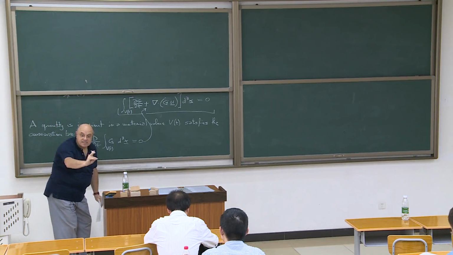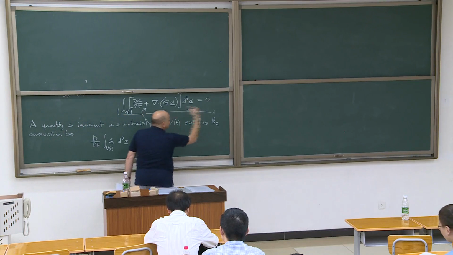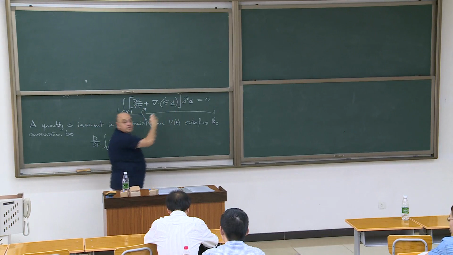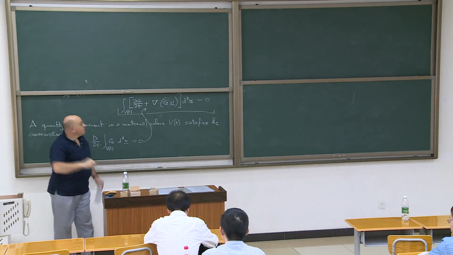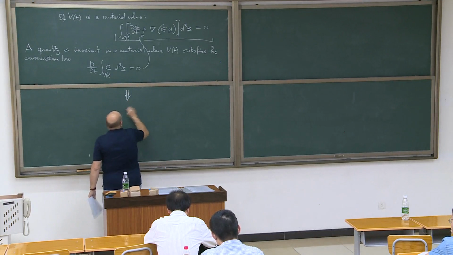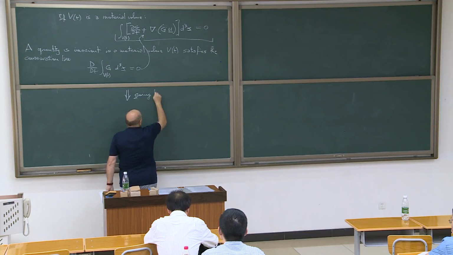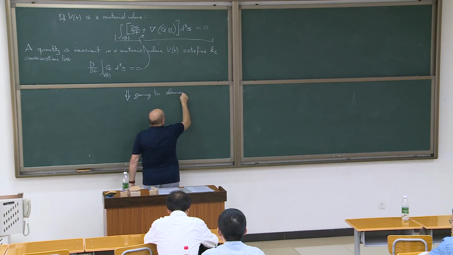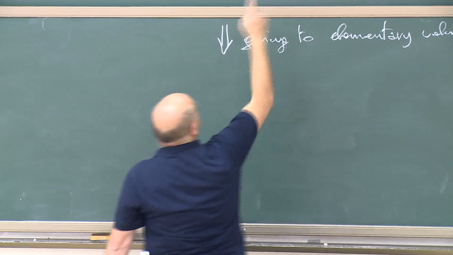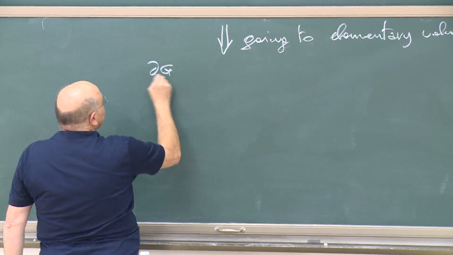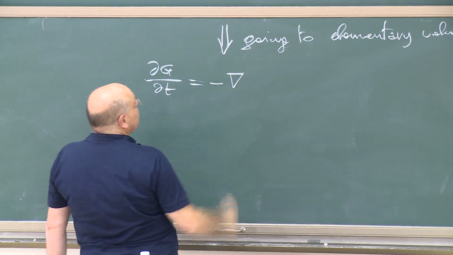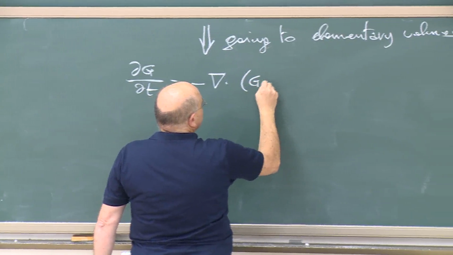So, going down in scale, we may say that this conservation law leads, not to the same, but to the other conservation law, the differential form. So from this, going to elementary volumes, we get the differential version: dg/dt equals minus the divergence of gu.